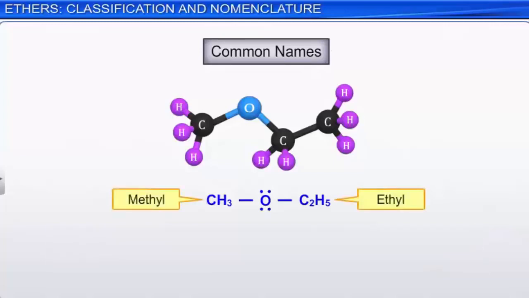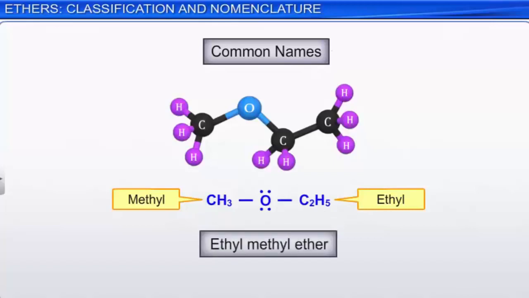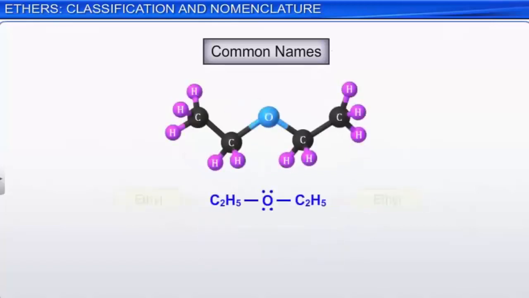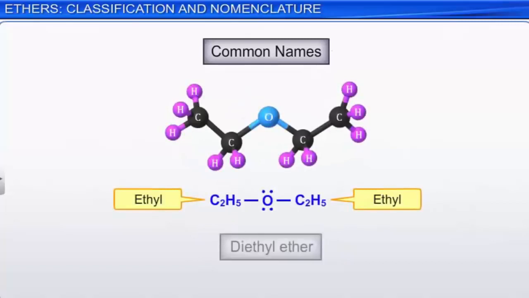For example, the common name of the ether shown here is ethyl methyl ether. If the ether is symmetrical, use the prefix di plus the name of the alkyl group, and add the word ether at the end. The ether shown here has the common name diethyl ether.